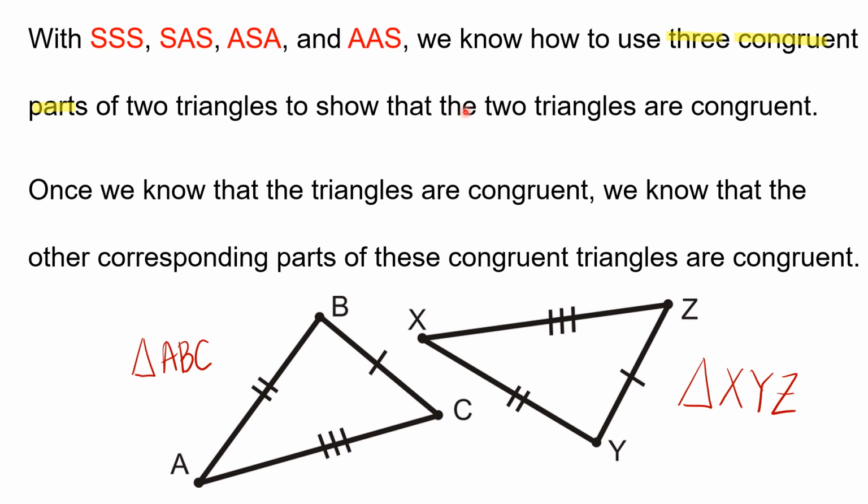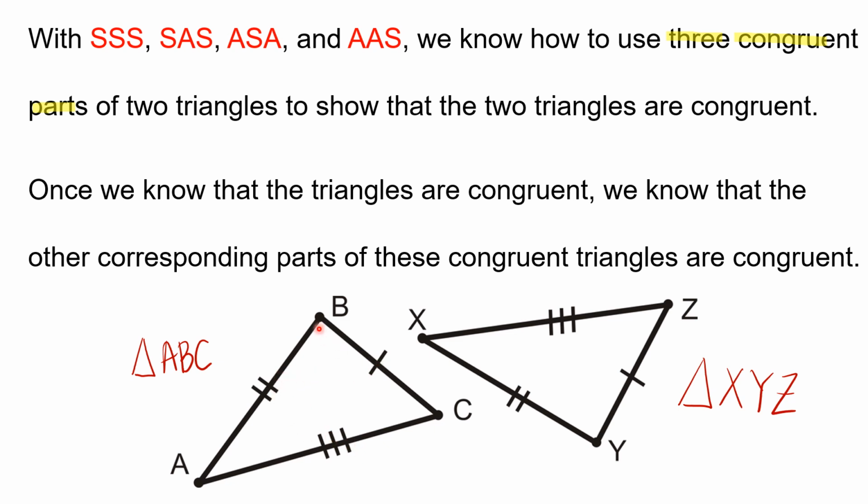All right, so let's talk about this paragraph here and how it relates to the diagram at the bottom. What postulate would you be using to prove that these two triangles are congruent? What information are you given here? You're given side, side, side, right?